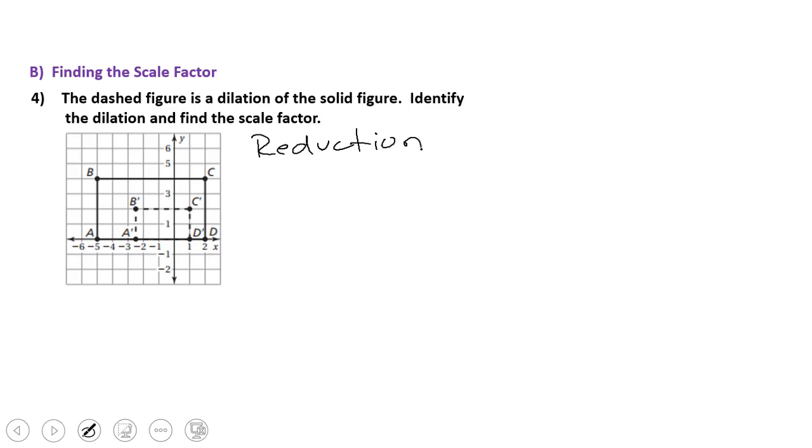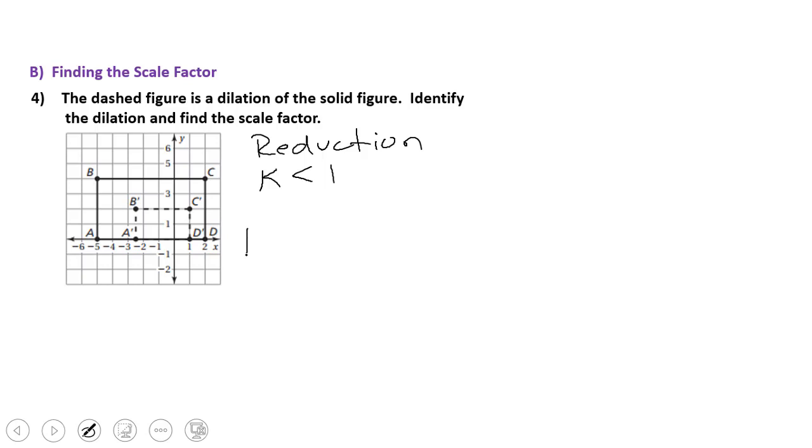So we already know, we talked about it, if we have a reduction, that means K is less than 1. We already know it has to be greater than 0. So K has to be less than 1. It's some kind of fraction because it's smaller. The original is always equal to 1. If you have K that's equal to 1, you have the same exact figure, right? That only makes sense.